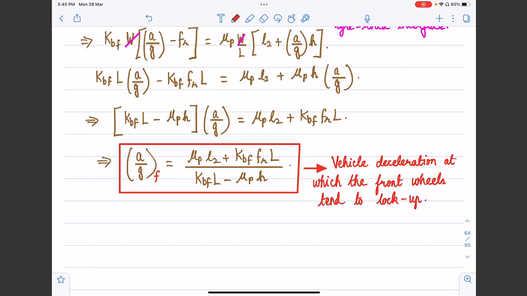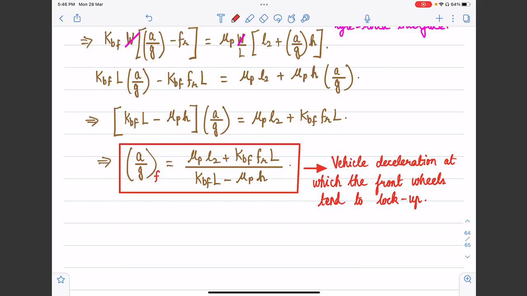One can essentially derive a similar expression for A by G subscript R. I leave that to you as an exercise. We will complete that exercise in tomorrow's class, and then we will also interpret a few more aspects related to braking performance before we go to anti-lock brake systems and the corresponding concepts.